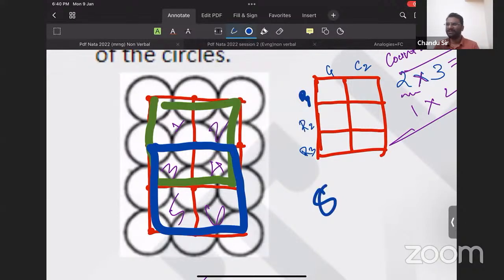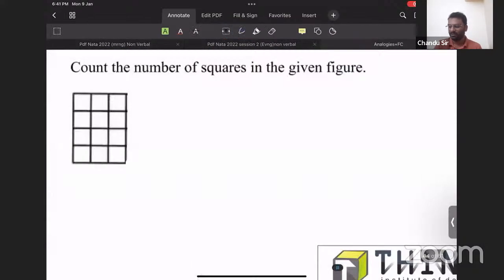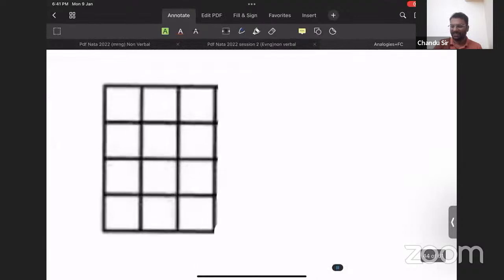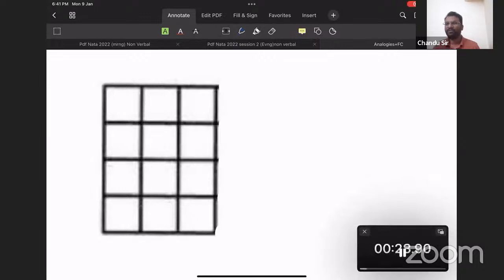And this figure being a little small, we can easily count it. But when a bigger picture like this one comes, there will be some issues or confusions, and it would be difficult to finish it in 30 seconds. But I have already given you the shortcut. Try it in 30 seconds.